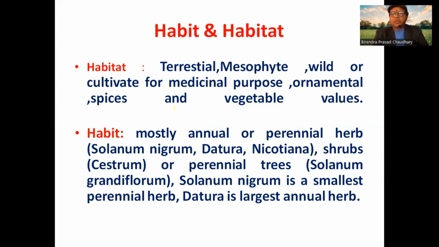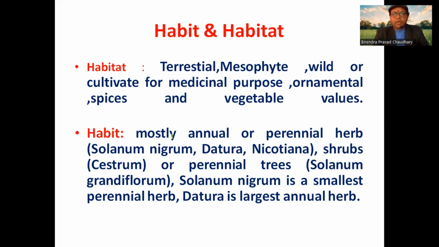Some of the species grow by themselves and are not cultivated as crops, whereas most of them are cultivated as crops. They are cultivated for medicinal purpose, ornamental, spices, as well as for vegetable purpose.